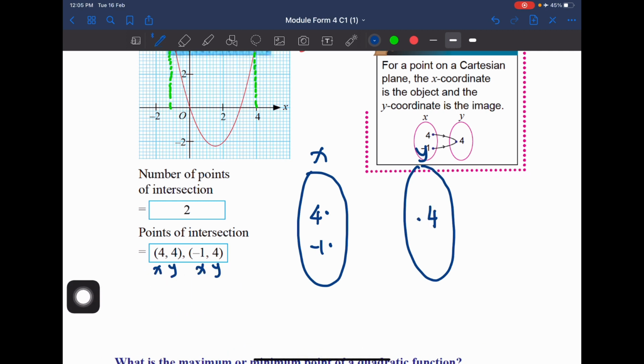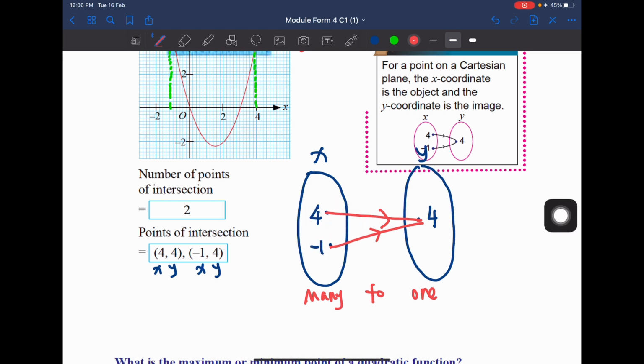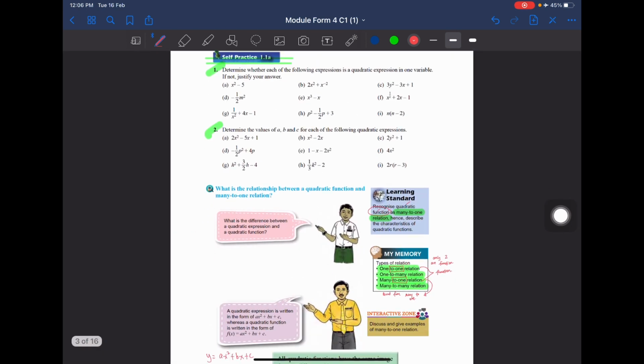So bila saya lukis, this one is 4, 4. Negatif 1, 4. Negatif 1 pergi ke 4. Di sini ada dua elemen ni many lah kan, lebih daripada satu. So many, dia pergi ke 1 only. So itulah yang dia maksud.